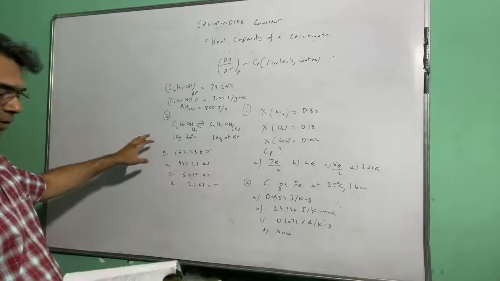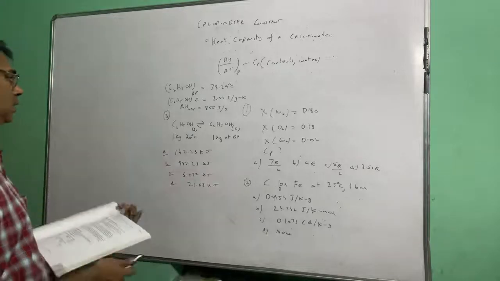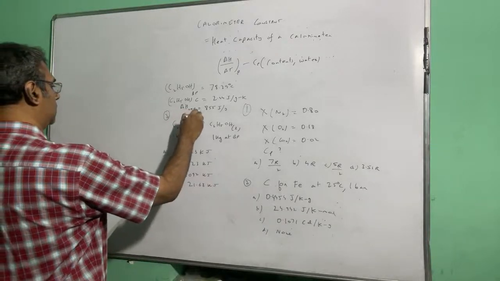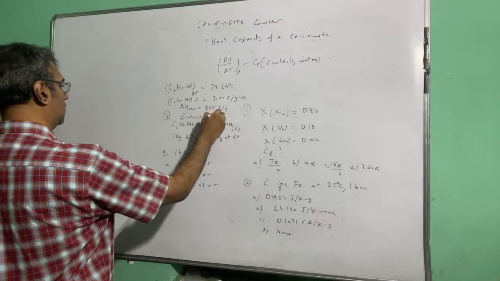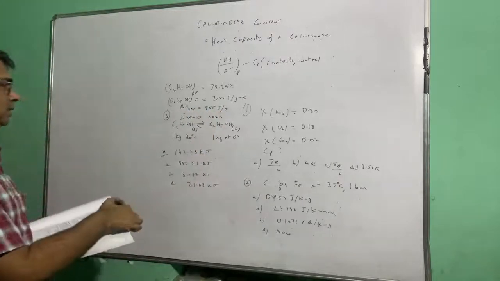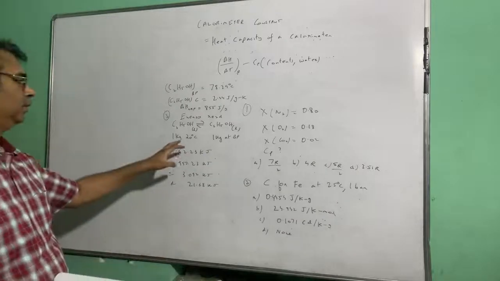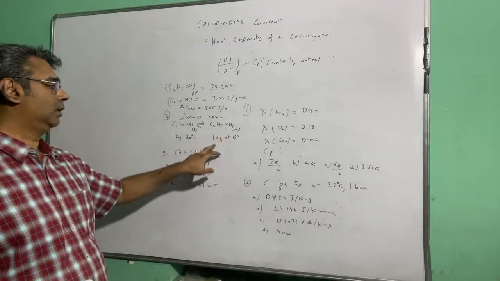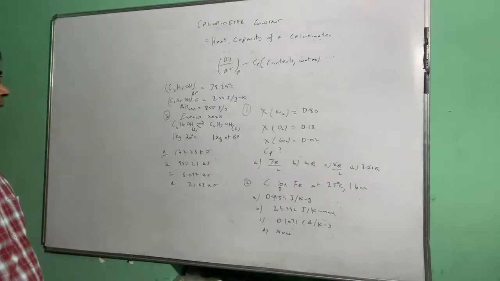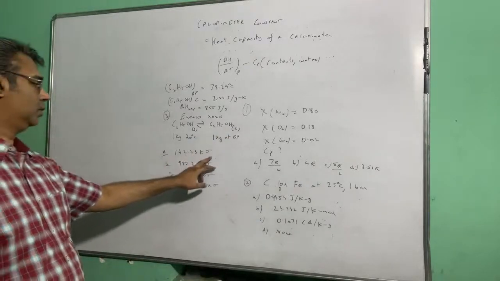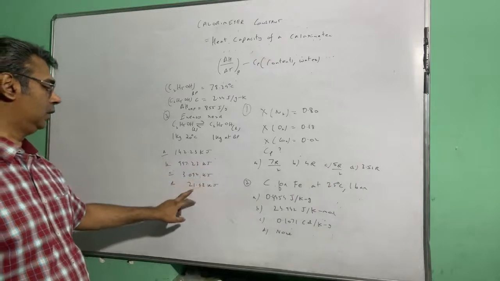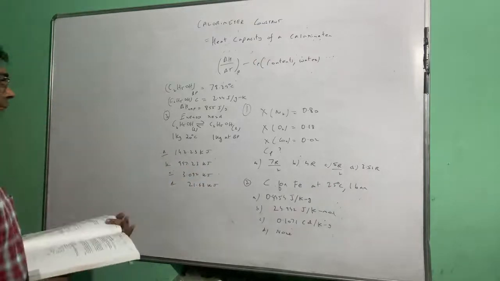What is the energy required? Options are 142.23 kilojoule, 997.23 kilojoule, 3.092 kilojoule and 21.68 kilojoule.